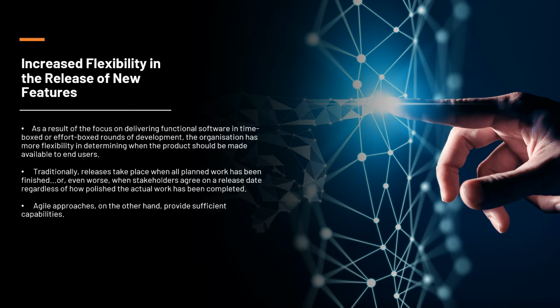As a result of the focus on delivering functional software in time boxed or effort boxed rounds of development, the organization has more flexibility in determining when the product should be made available to end users.